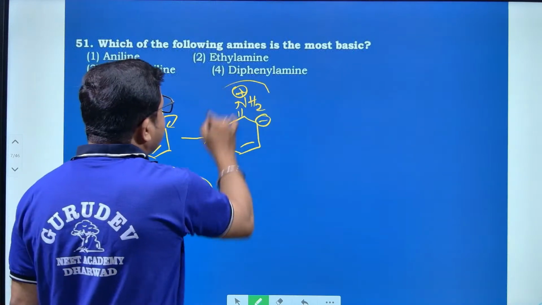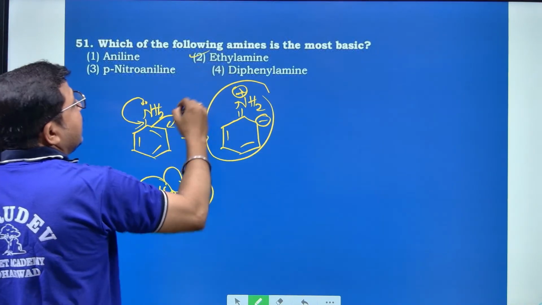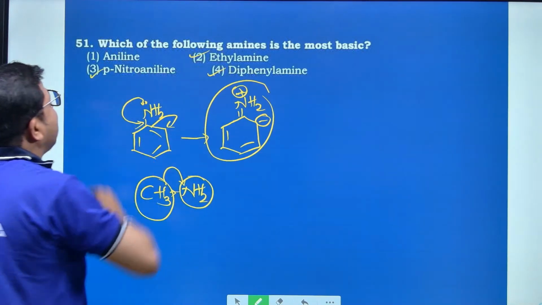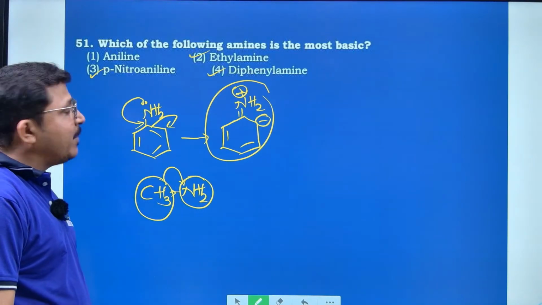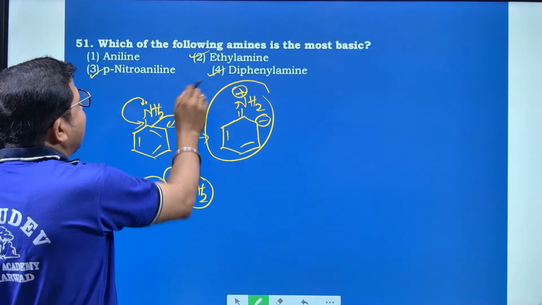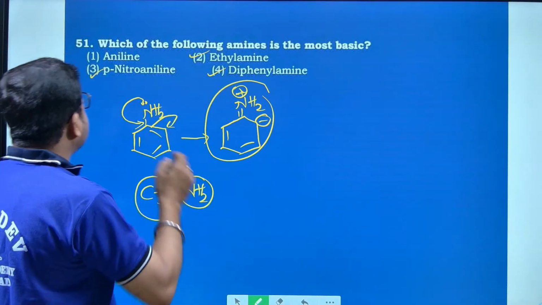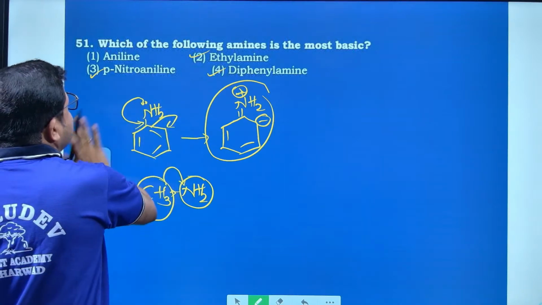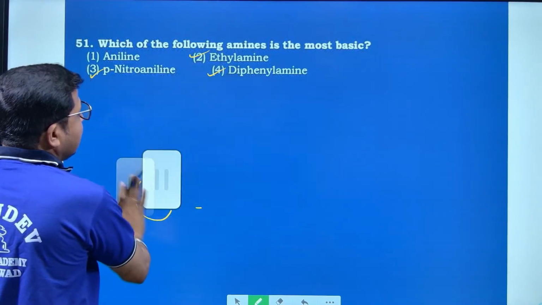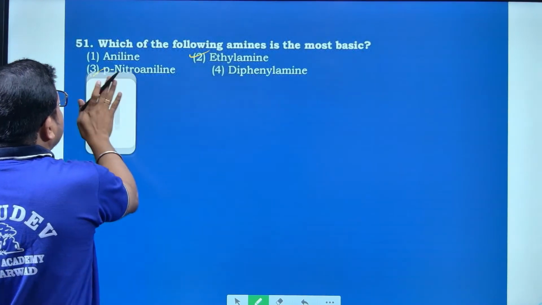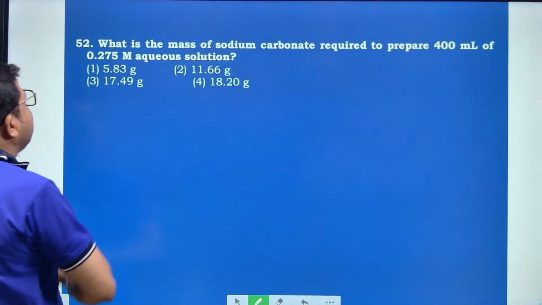Hence, compared to aniline, this one is more basic. And these two, paranitroaniline and diphenylamine, both act as acidic due to the resonance stabilization. Hence, the right option is option number 2, that is ethanamine.